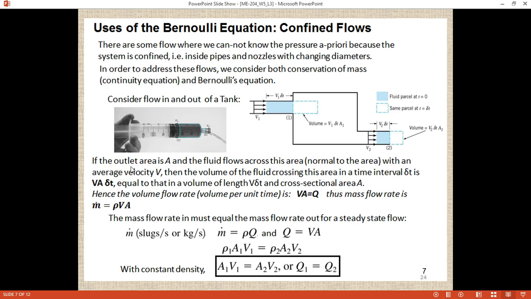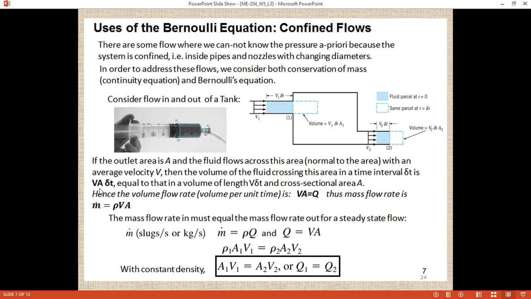If the outlet area is A and the fluid flows across this area normal to the area with an average velocity v, then the volume of the fluid crossing this area in a time interval delta t is v A delta t.